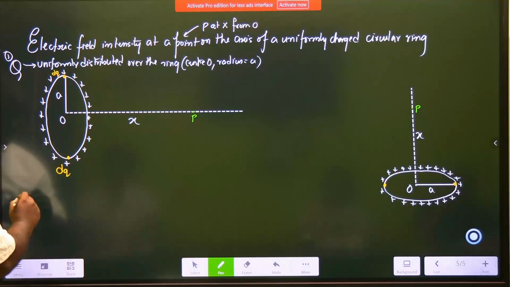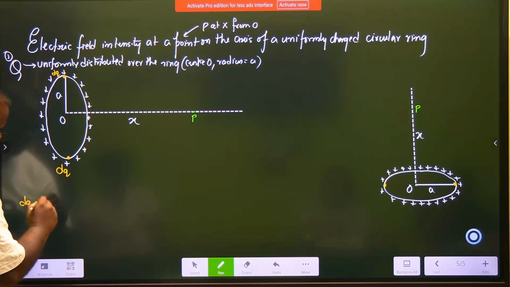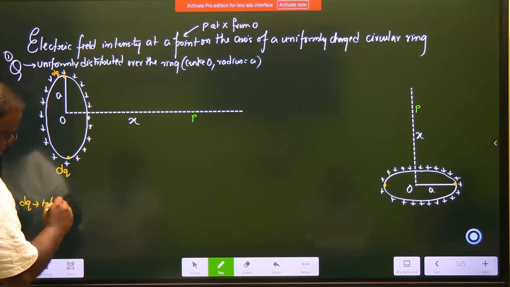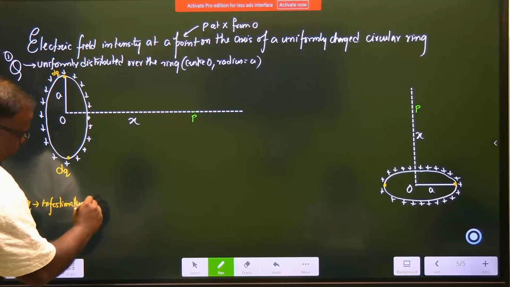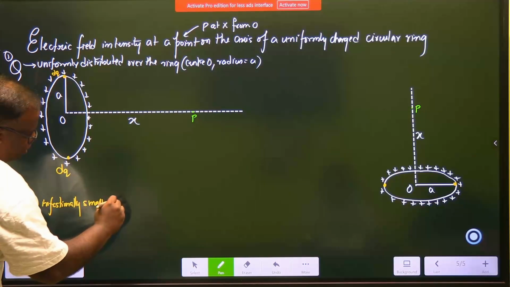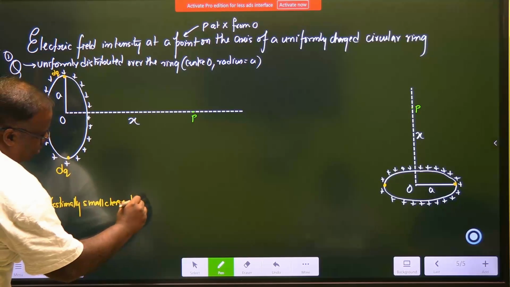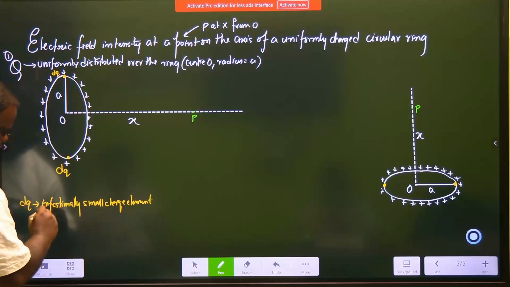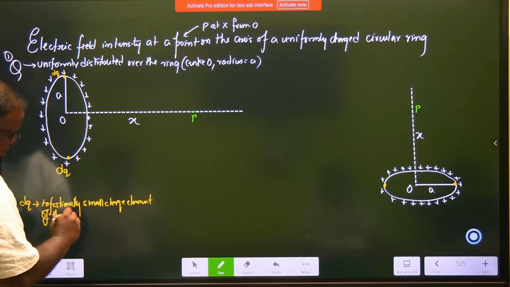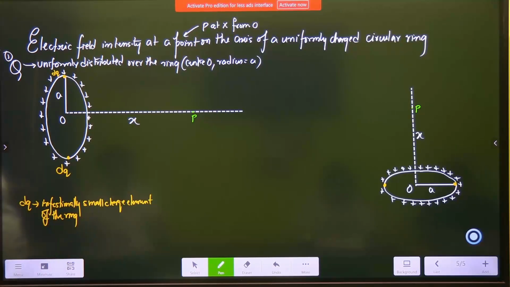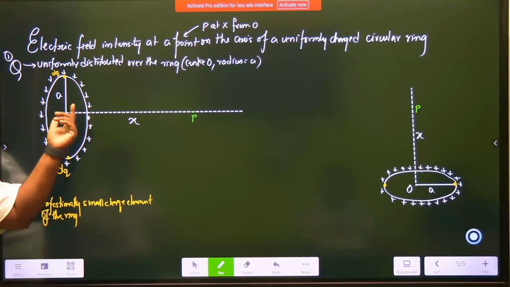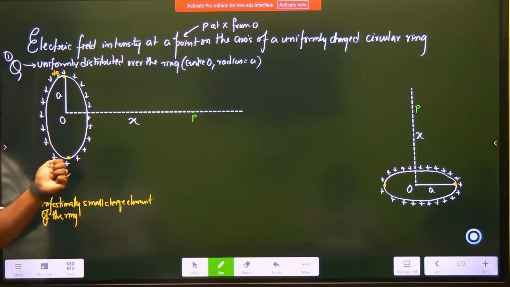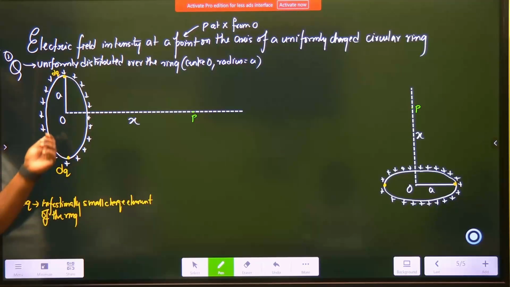dq is an infinitesimally small charge element of the ring. What we are trying to understand is that the ring has many such infinitesimally small elements. Imagine that this is a rosary bead, so each bead is a dq. All the dqs will contribute to Q. Q has been spread as dq.